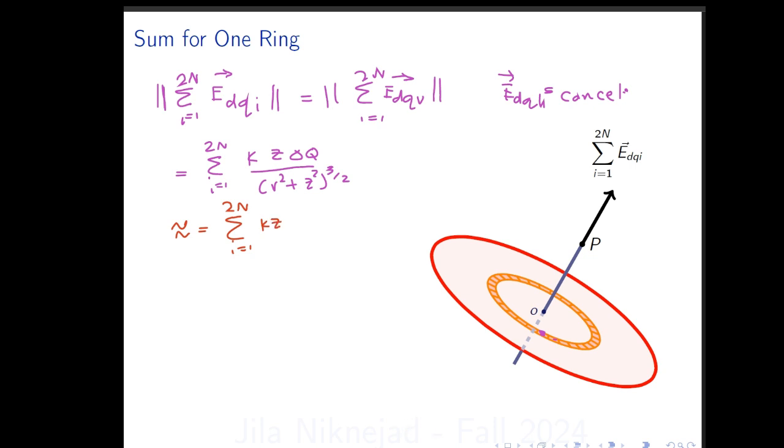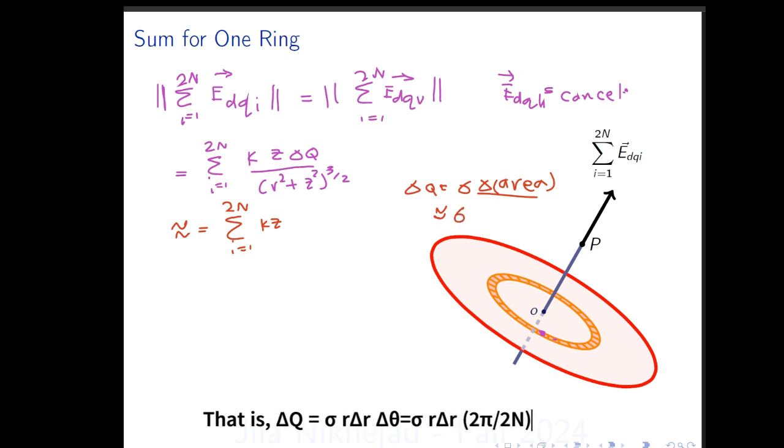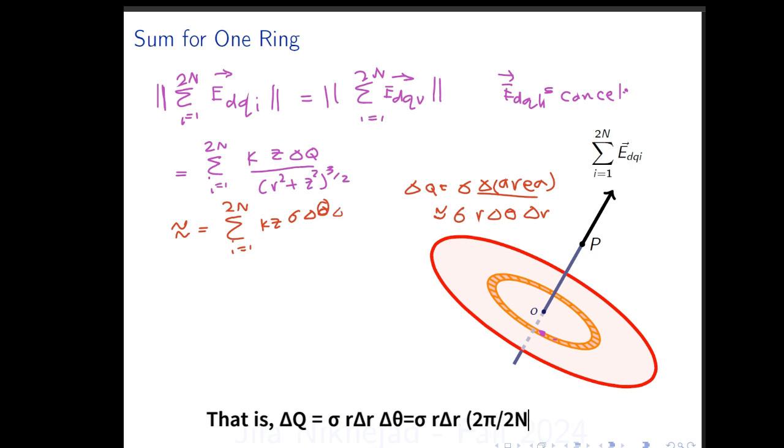Delta area is equal to r delta theta delta r. That is, delta charge is going to be sigma r delta theta delta r. Delta theta depends on 2n, and it's equal to 2 pi divided by 2n.